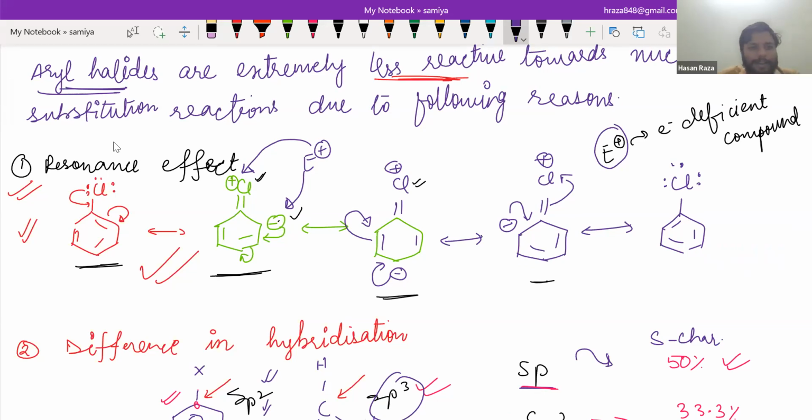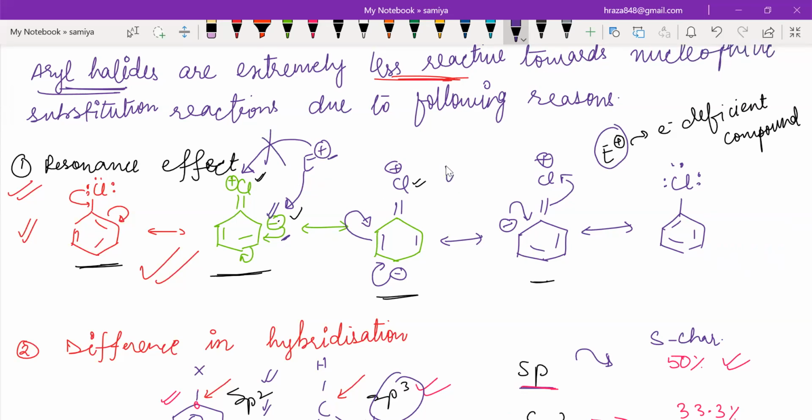Do you have any idea of the nature? Like charges repel each other, unlike charges attract each other. You can apply this method here. There is a positive charge and a negative charge, and a negative charge means there are two electrons, basically an electron rich species. So this E plus will attack here, and it won't attack there. Are you getting my point?